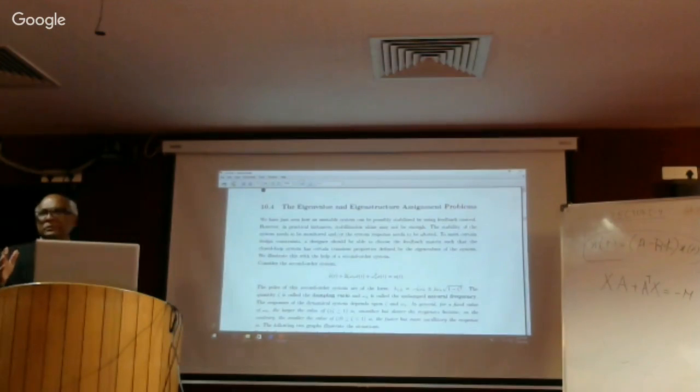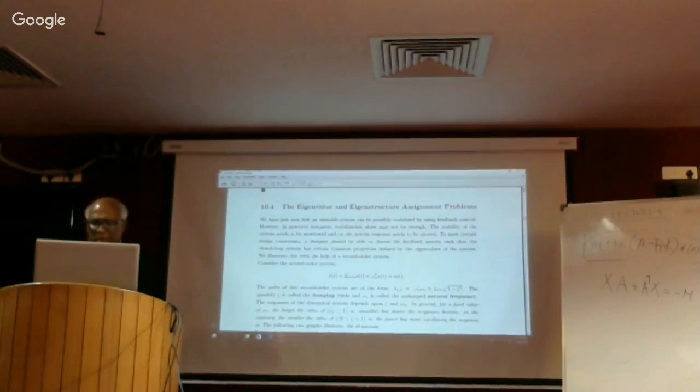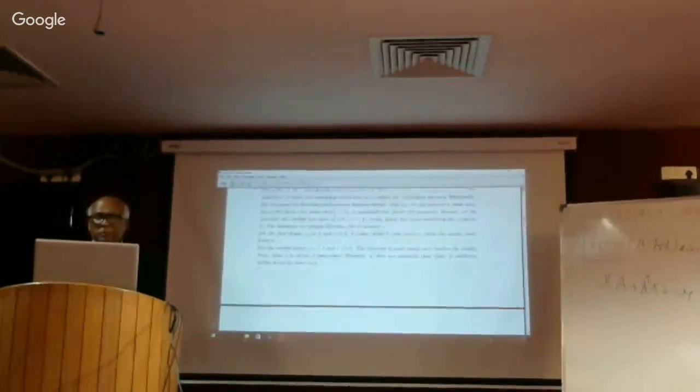Certain design constraints require that the eigenvalues of the matrix A need to be placed in certain regions of the complex plane. There are many examples in this book. Let me give you just one or two examples here.